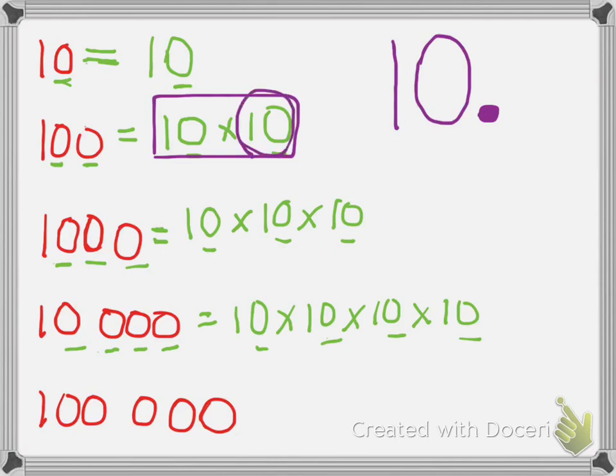So 10 times 10, I would move that decimal over and fill in my spot here because I can't just have an empty place value spot. There we go. So that would give me 100, and of course 100 also has a decimal.